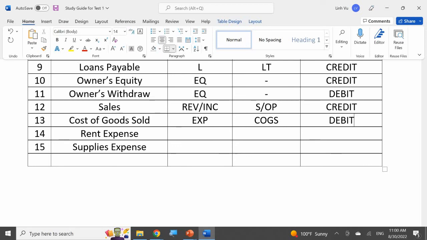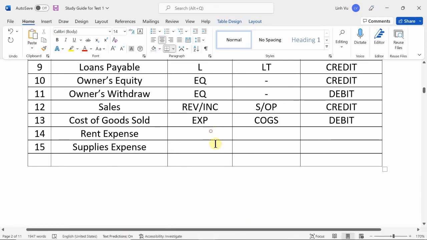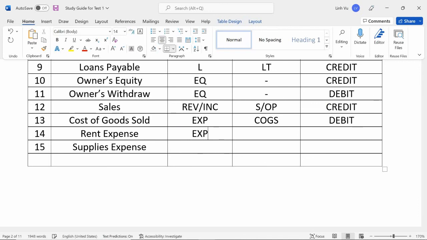Okay. What about rent expense? It's an expense. Yes. What kind of expense? This one should be obvious. It's a current expense. There's no such thing as a current expense. I mean, it's a liability. We already established it's an expense.